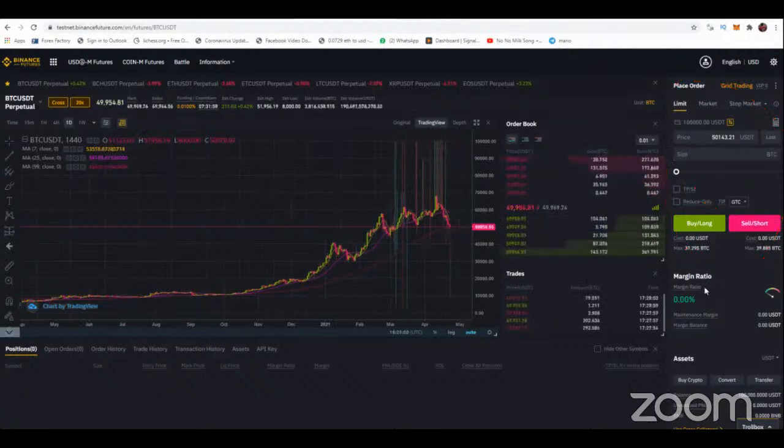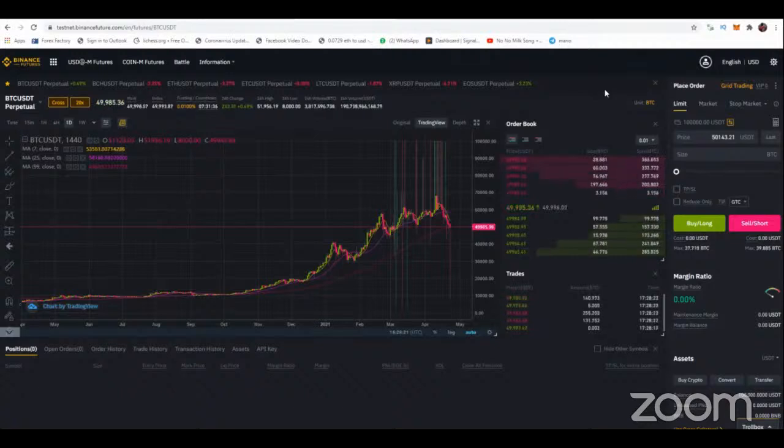Now, before I go into that information, you can see right here that we have 100,000 USDT, and that's the key difference between the futures market that we are currently on right now and the spot market. Under the spot market, you cannot just take any trade if you don't have Bitcoin in your wallet.